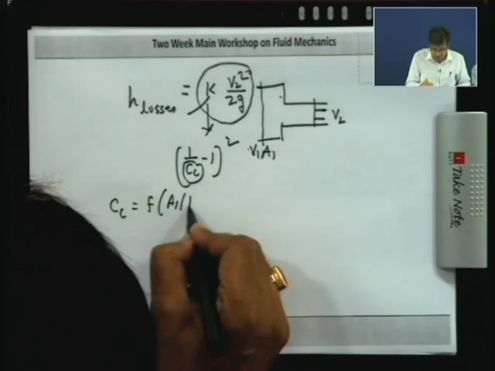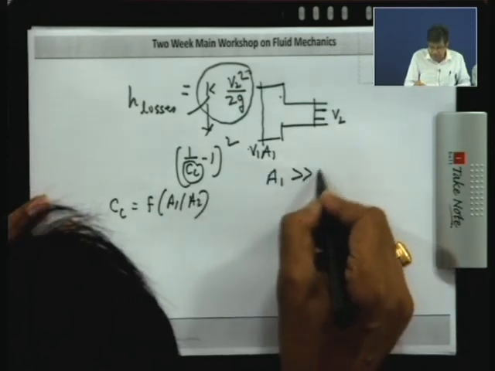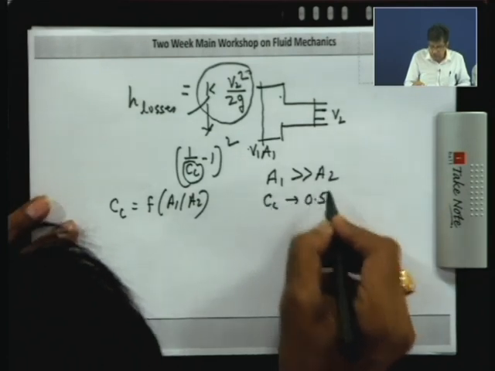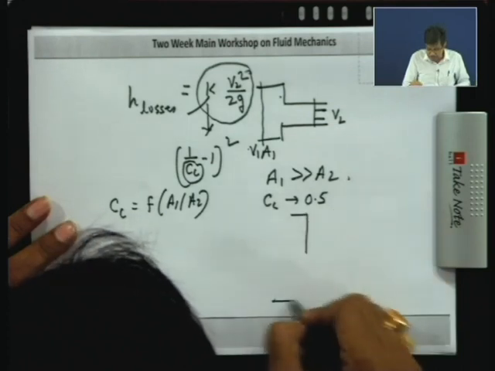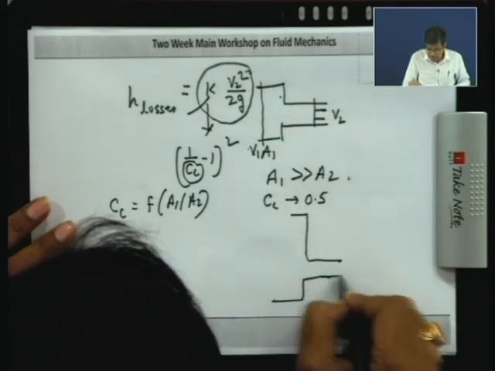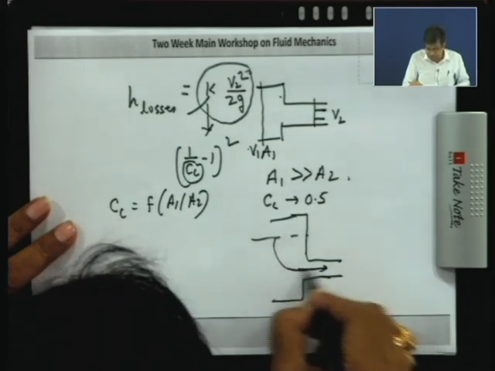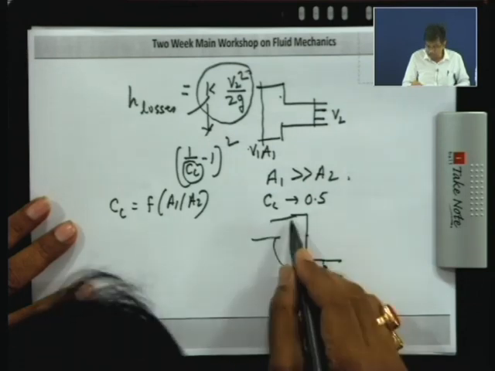This Cc is a function of A1 by A2, and if A1 is very much greater than A2, then Cc approaches the value of 0.5. What is A1 very much greater than A2? That means there is a terrific contraction, which is physically the entry case. That means the fluid from a tank enters a pipe which is relatively smaller in cross section than the tank.